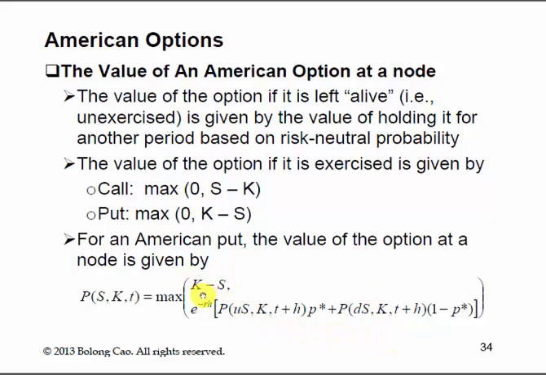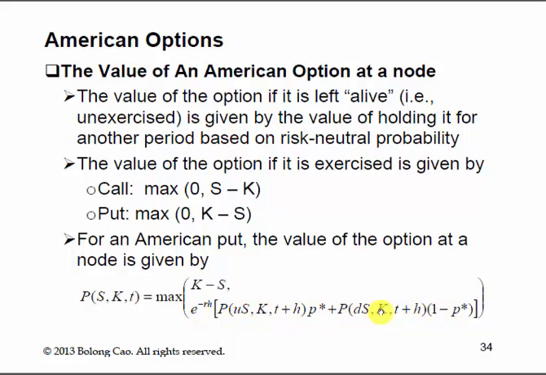So either you get the exercise value, which should give you some positive value or 0. But 0 is obviously dominated by the value of keeping it alive. As long as there's some value to consider to exercise, it still has some time value in it. 0 is out. We don't need to consider 0.